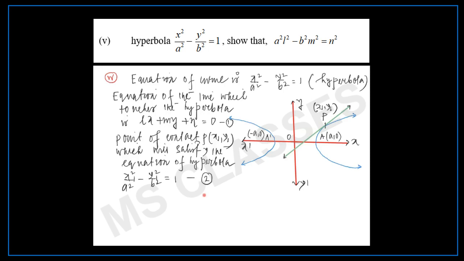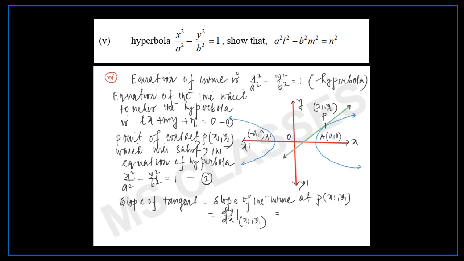Now to get the equation of tangent, we need the slope of the curve at this point. Because slope of the curve at this point and the slope of the tangent is same. Slope of tangent is equal to slope of the curve at P x1 y1, which is dy by dx at x1 y1.